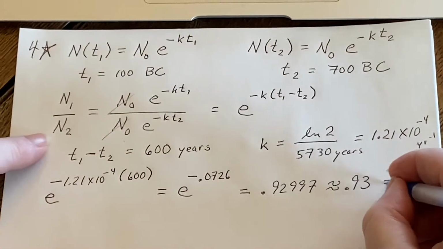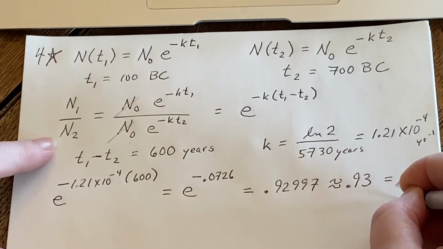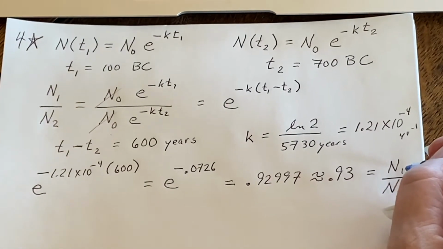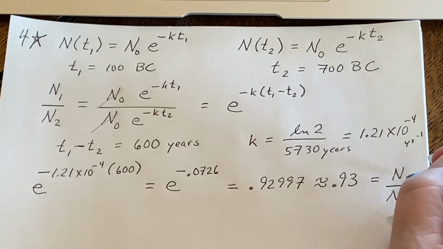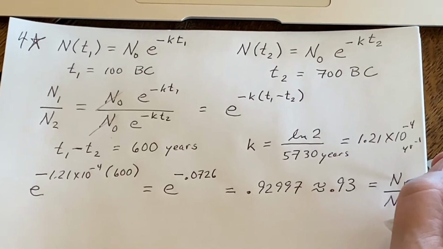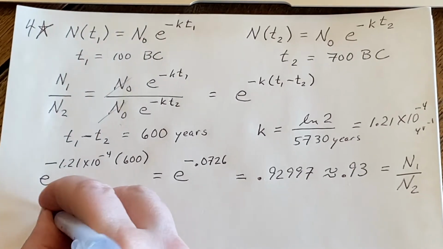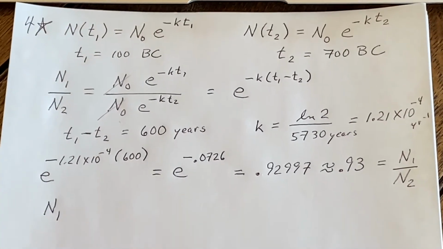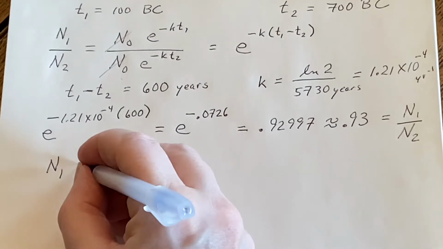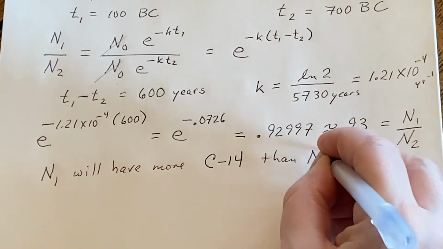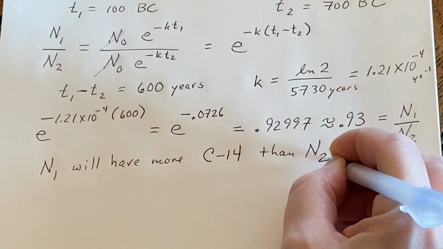And what is this 0.93? It's the ratio between N1 and N2 from the point of view of a time before that. We are looking at it as a time after that. So what I should be saying is that N1, because it is more recent, will have more of the carbon-14 than the older sample N2.